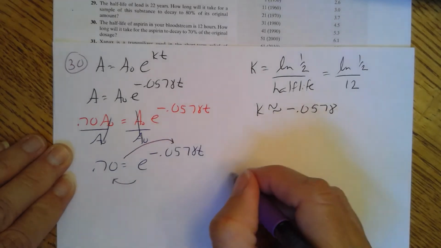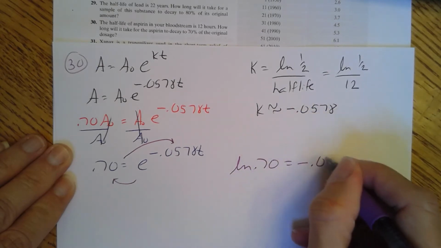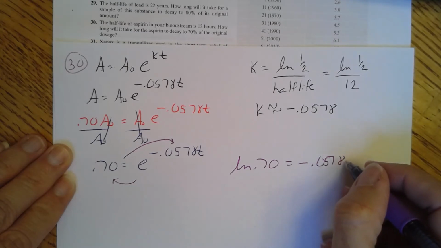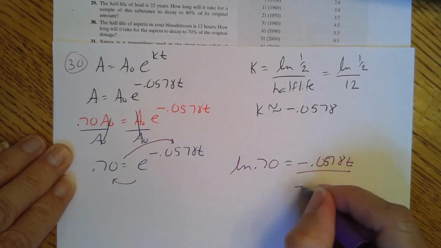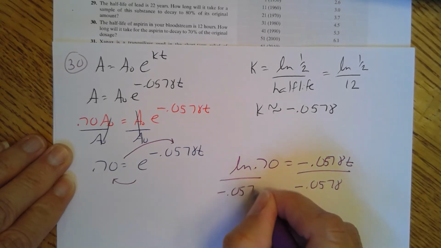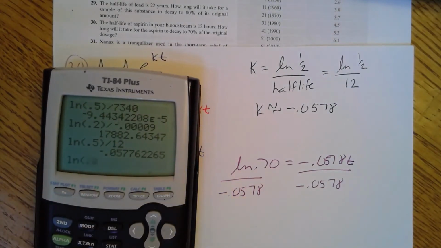We get the natural log of 0.70 equals negative 0.0578t. And then all we've got to do is divide by that decimal to get t by itself, so natural log of 0.7 divided by negative 0.0578.